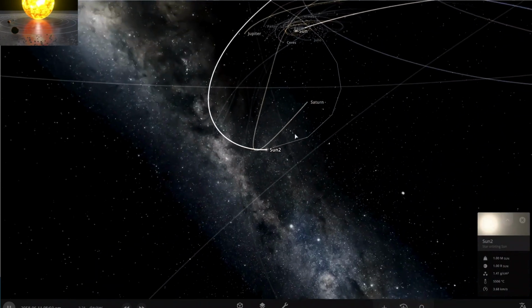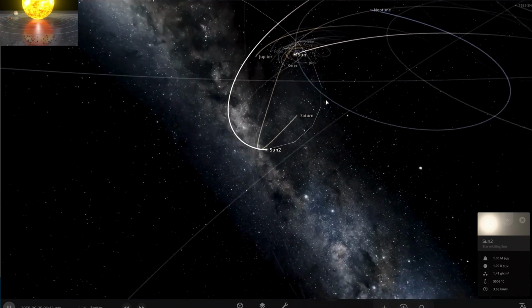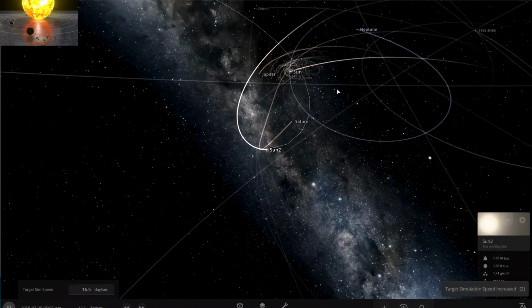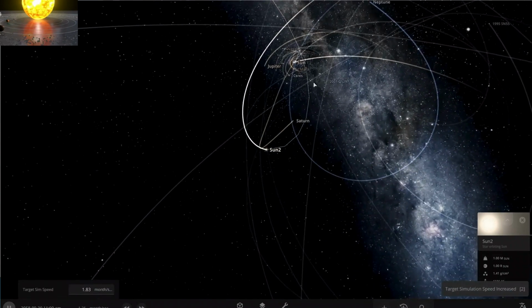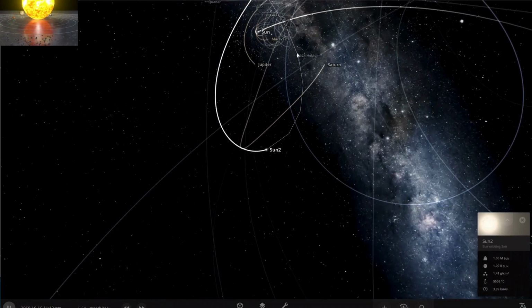You can see Saturn has an orbit which is a mixture of the new sun and the old sun. It's actually trying to go around both suns. I think in the future all the planets may have the same destiny. So I will increase the simulation speed to see what would happen.